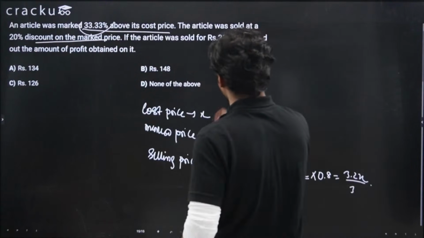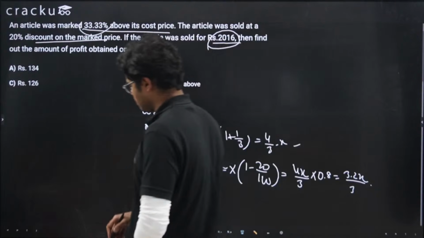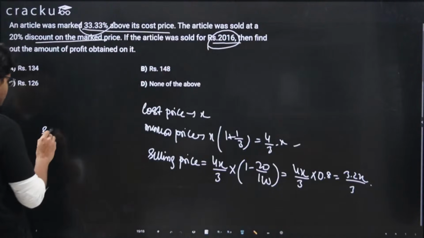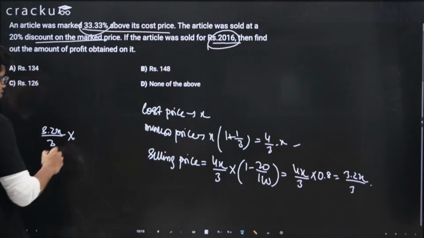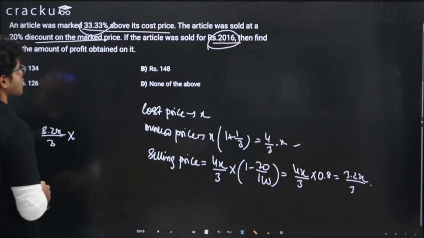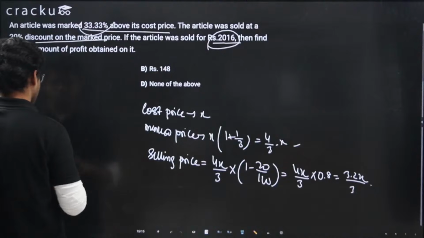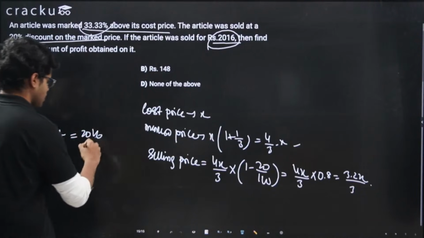So it was sold for rupees 2016, means I can tell 3.2x by 3 is equal to 2016, right?